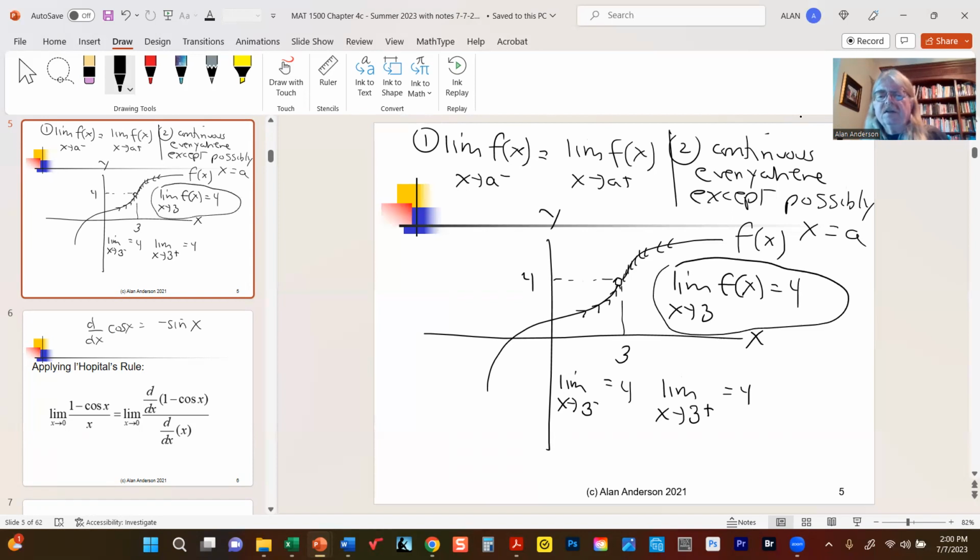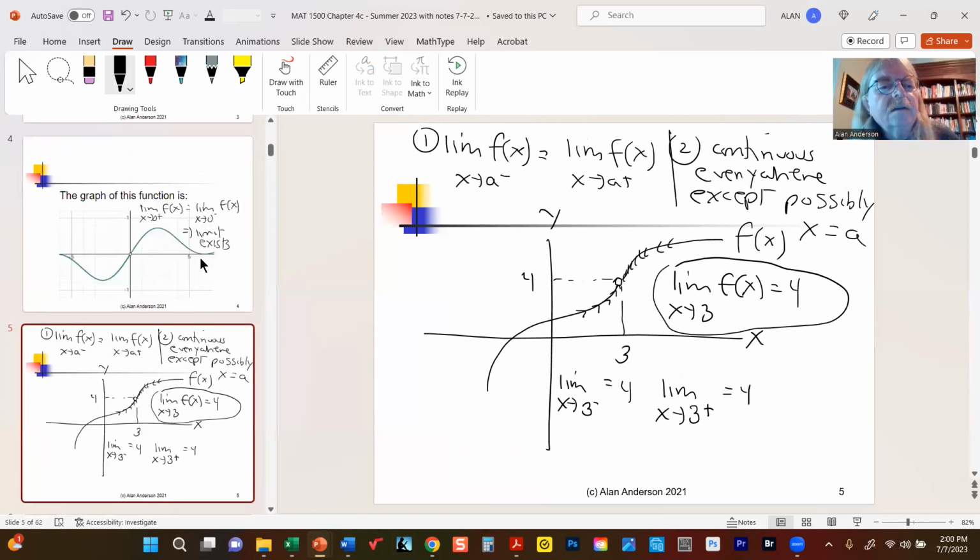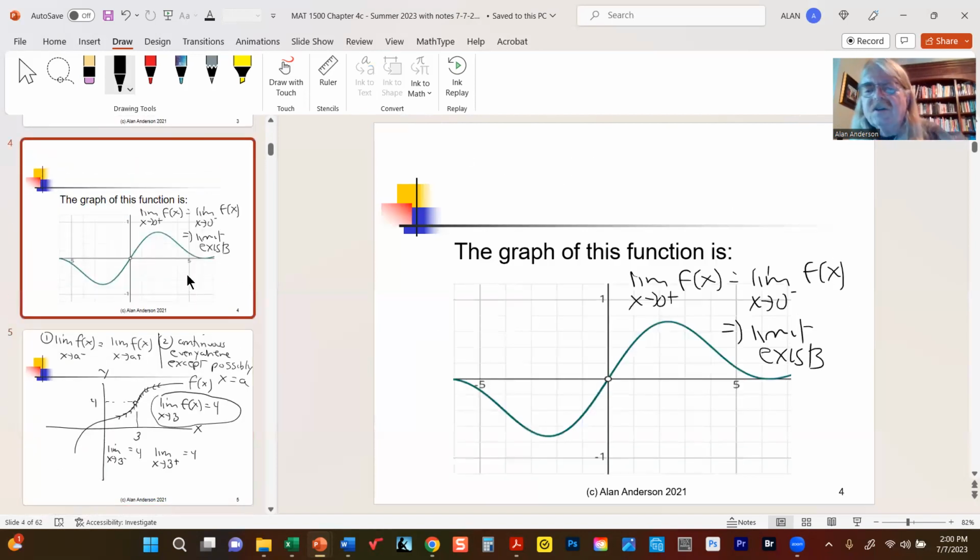So based on similar reasoning, with this case, there's a discontinuity at 0, but if you notice, the function is continuous everywhere except at this point. And as we approach from the left and the right, we're zooming in on 0, basically. This is the point 0, 0.